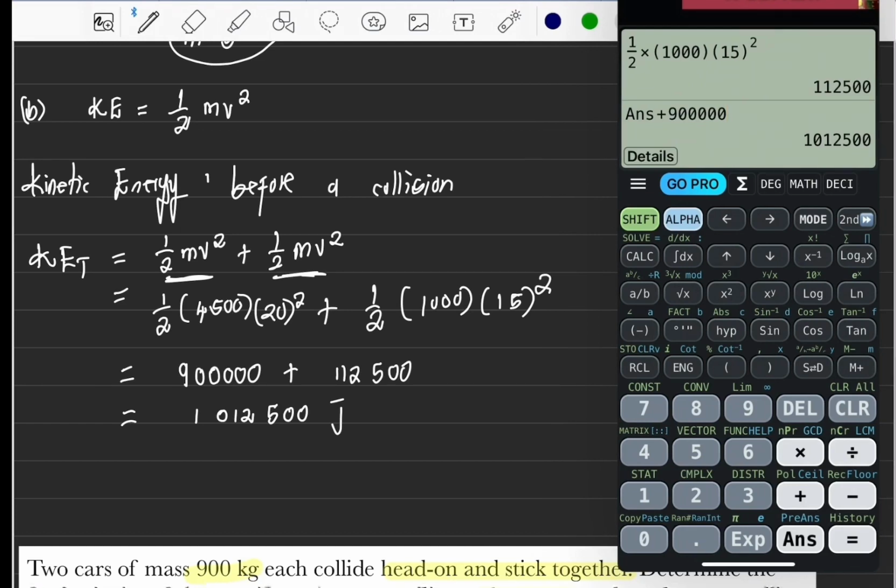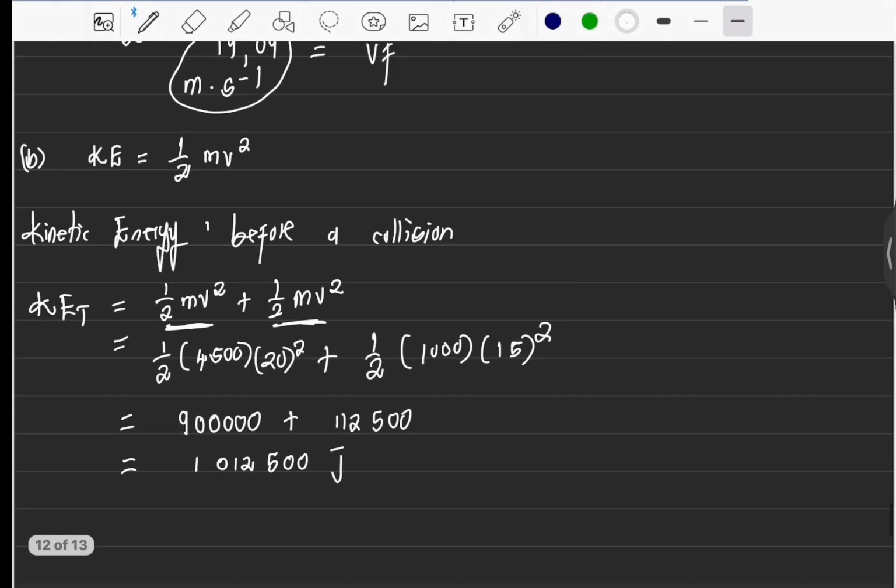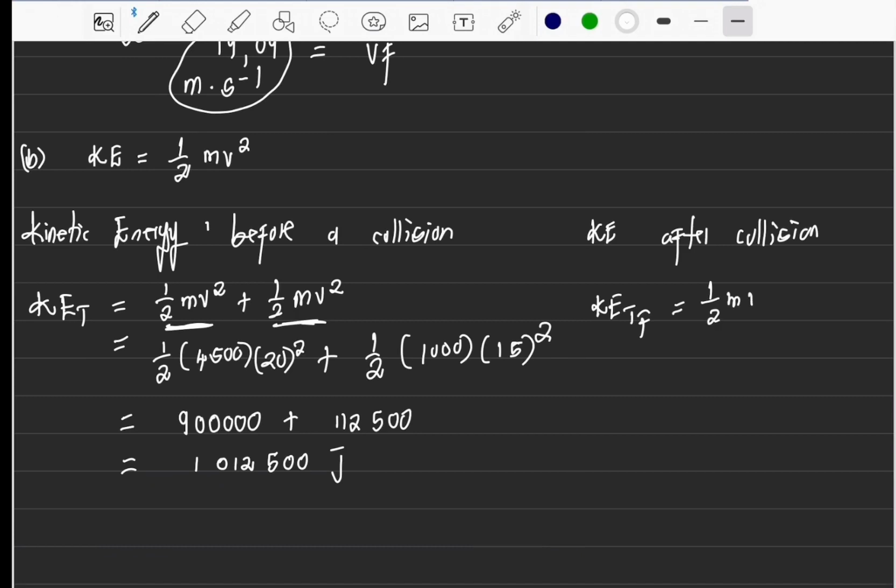So that's how you go about calculating it. And then you go ahead and calculate the kinetic energy after the collision. So you write kinetic energy after collision. The total kinetic energy after the collision is equal to 1 over 2 mvf squared.